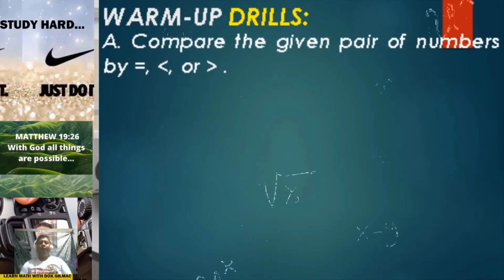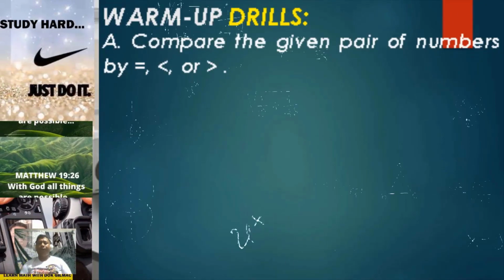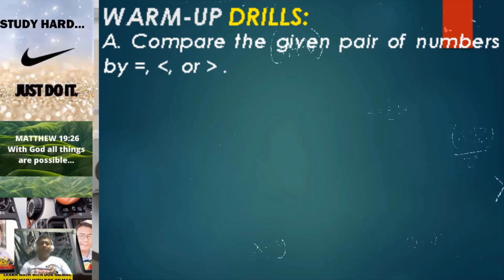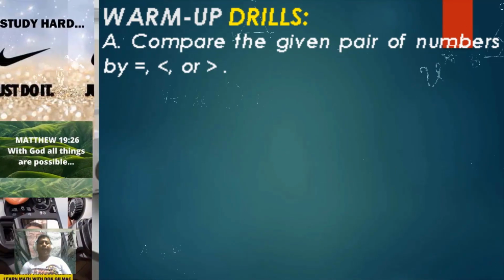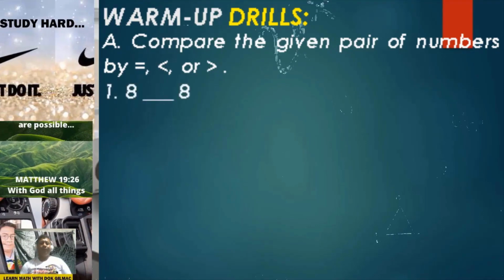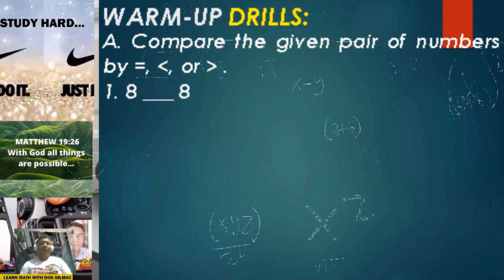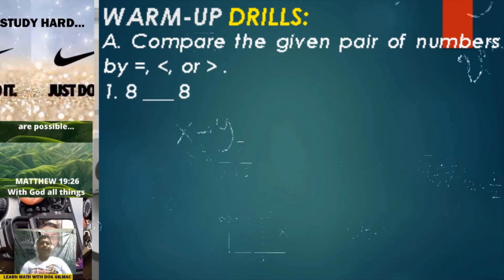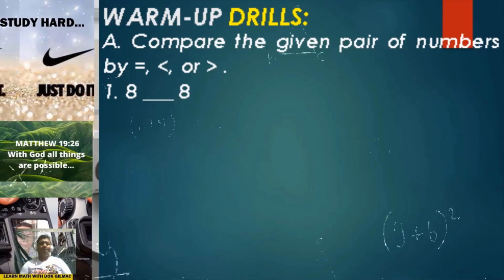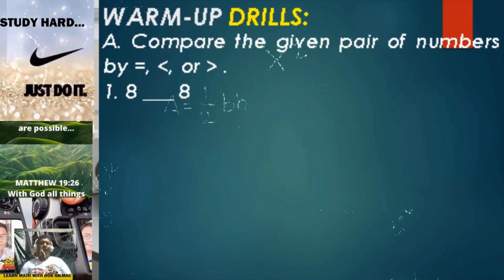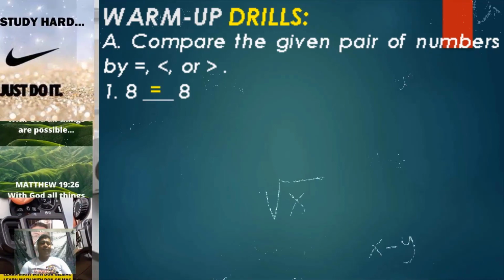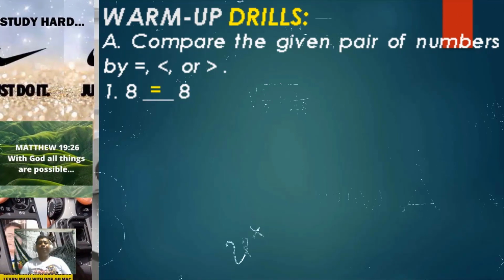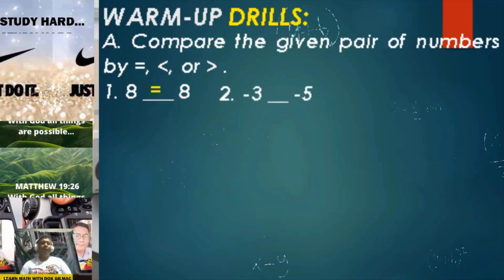Letter A. Compare the given pair of numbers by equal sign, less than, or greater than. Number 1. 8 blank 8. This is simply equal sign. So 8 is equal to 8. Number 2.